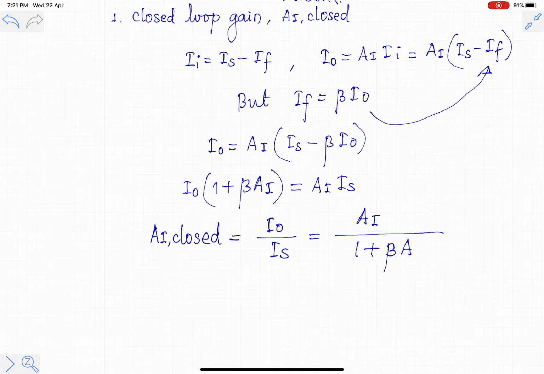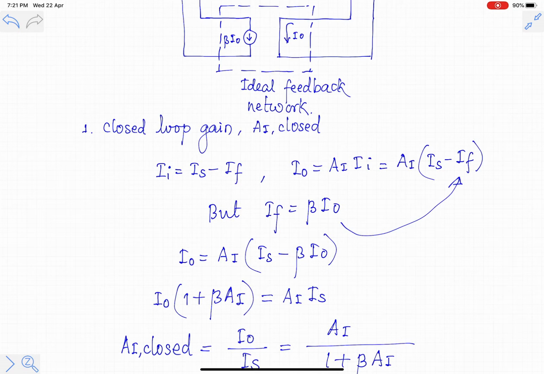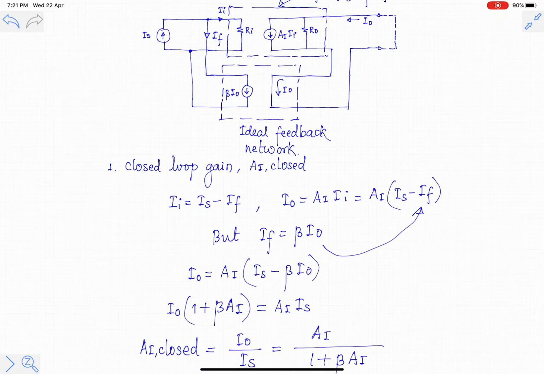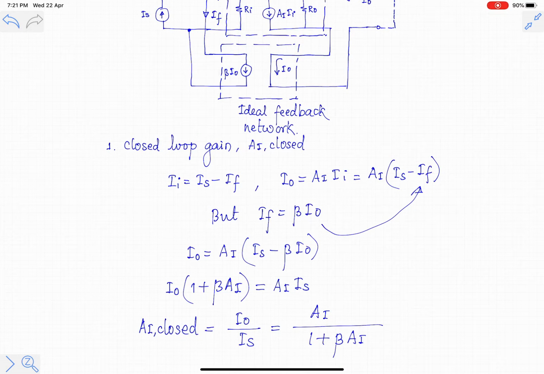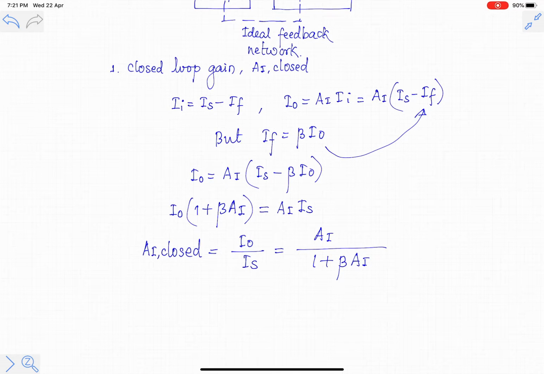You should observe that the gain of the feed forward amplifier is a unitless quantity. It is ampere by ampere. So the feedback network also has a unitless feedback factor. So you can see that here also the current gain is reduced by a factor 1 plus loop gain. Beta into AI is the loop gain.